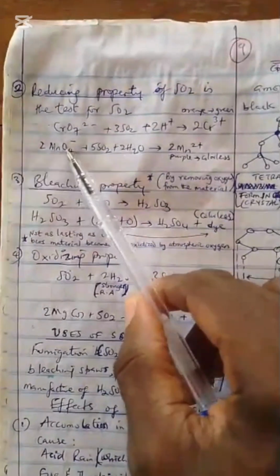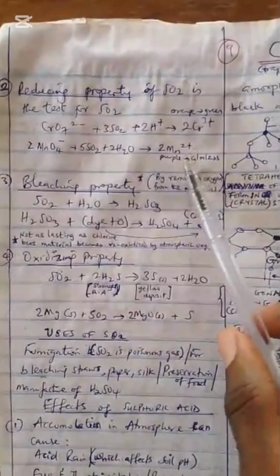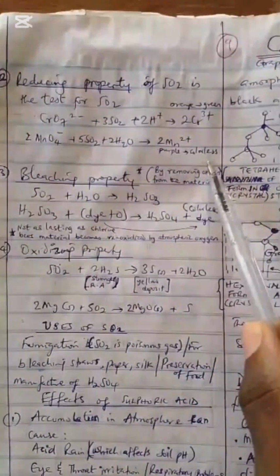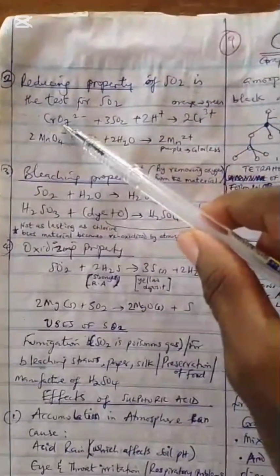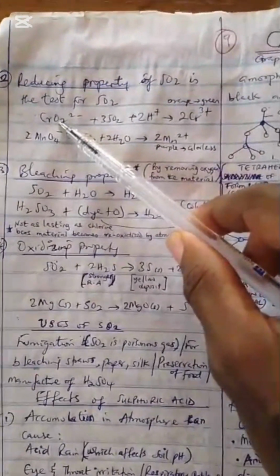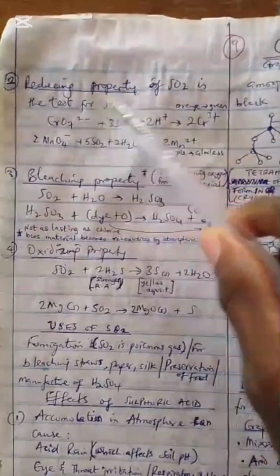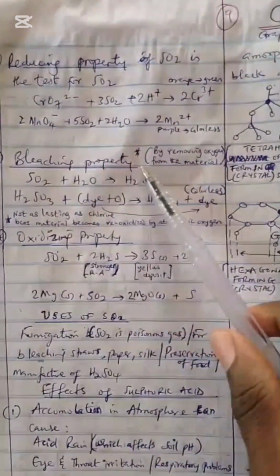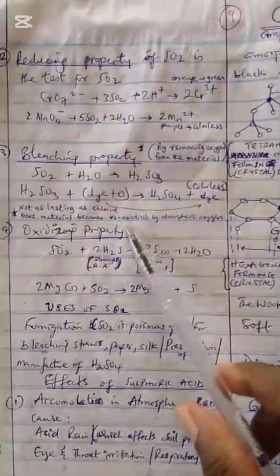Also permanganate from here to here. So there's a reduction with a change in color. The purple permanganate becomes colorless, while the orange heptaoxodichromate becomes green. It also has bleaching properties, as we said earlier, by removing oxygen from the material.